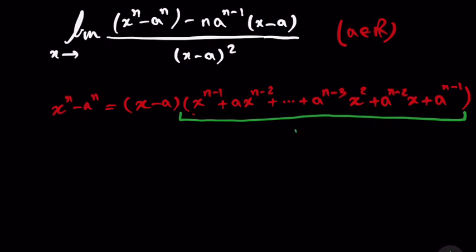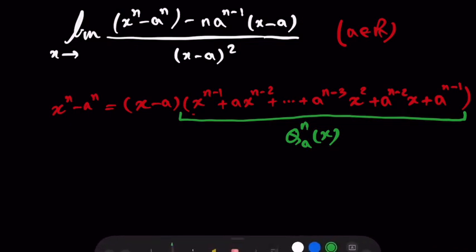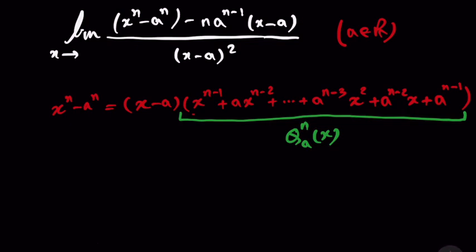I'm going to call it Q n a at x. I give a name to this part, so because of this new notation, we're going to have x to the power of n minus a to the power of n is x minus a times Q n a x.